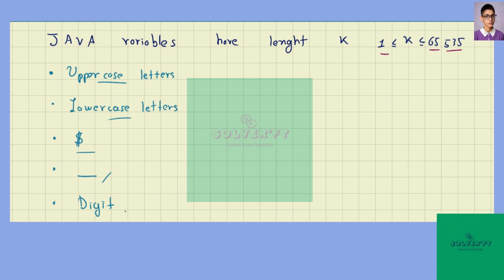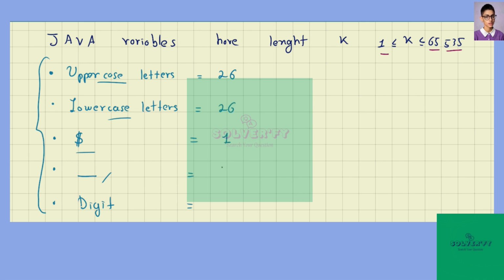So the point here is that first we have all these possible symbols for the characters of these strings. So we need to count all the possible outcomes, right? So all the possible characters that we can put on a string for the name of the variables. So uppercase letters we have 26 possible letters. Lowercase again 26.